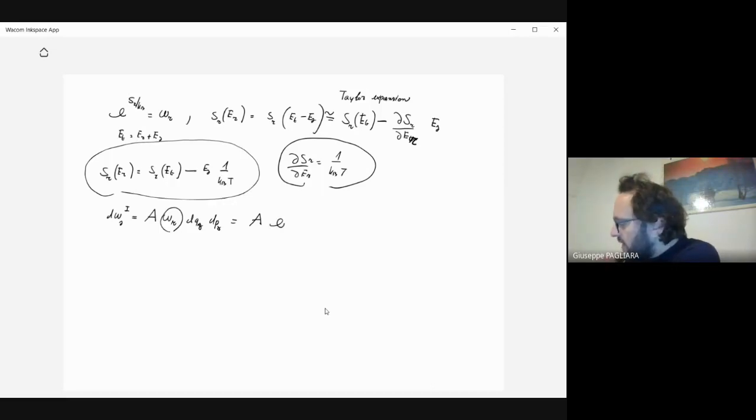So you have the exponential of SR computed at ET divided by KB, times the exponential of minus ES divided by KBT.